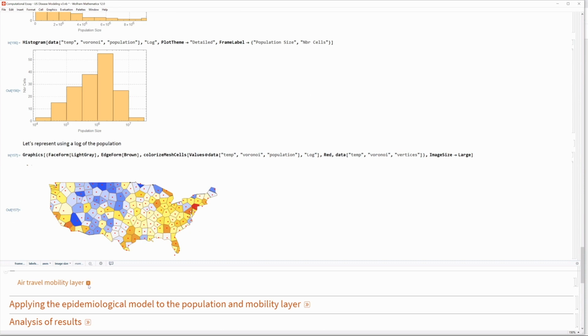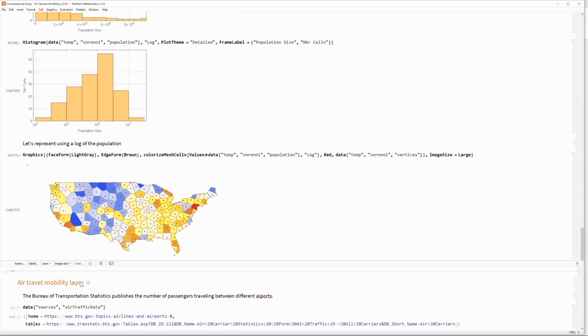Our next step is to look at the mobility layer. In the case of the United States, we made a simplification. We're not going to be dealing with road or rail traffic between nodes. We're just going to focus on air travel, okay?